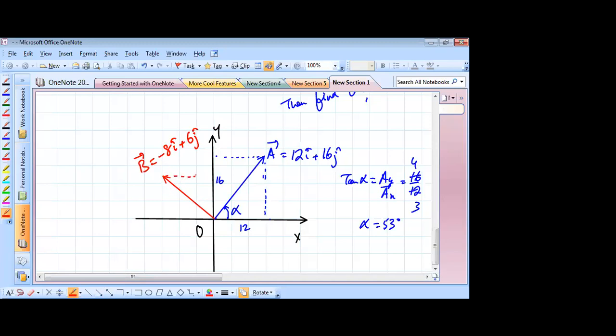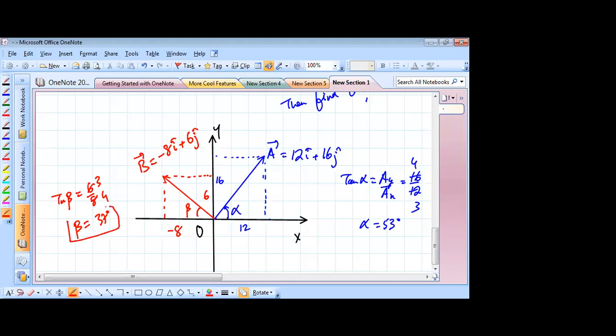So this perpendicular we are dropping is 6 and this is minus 8 over here. If you like, you can find out this angle beta, or you can find out this whole angle also. So tan beta will be 6 by 8 or 3 by 4. That means that angle is 37 degrees.